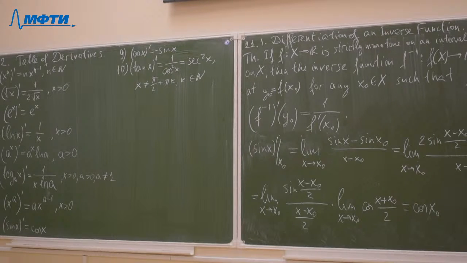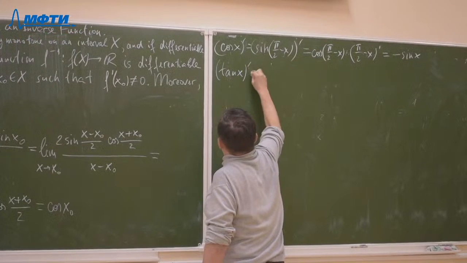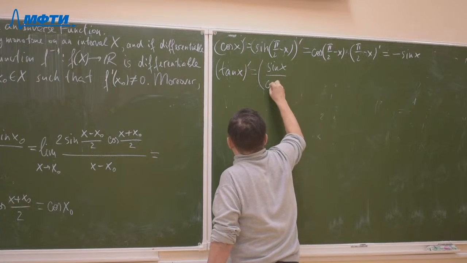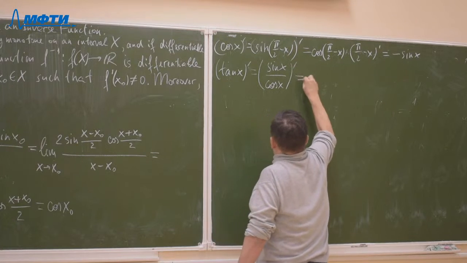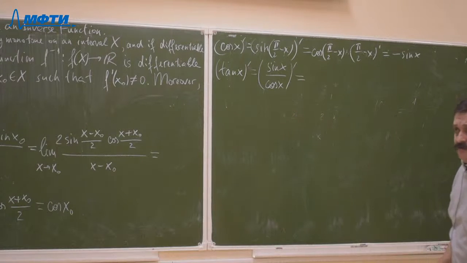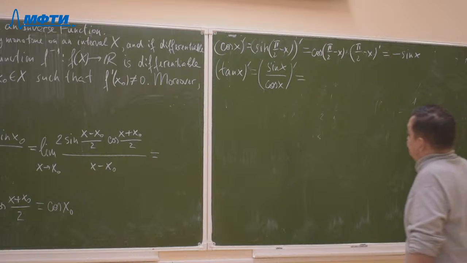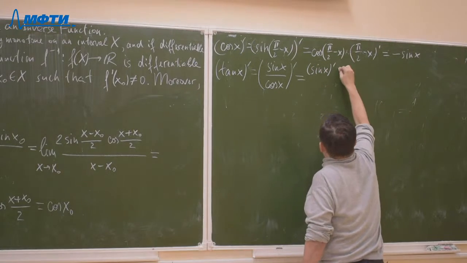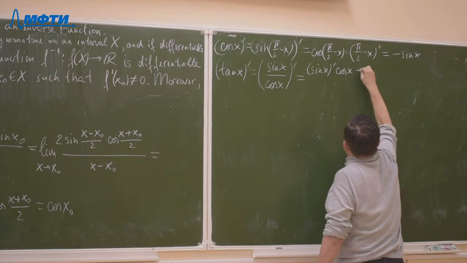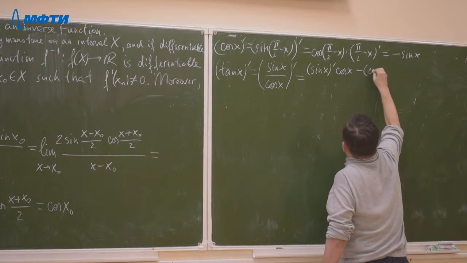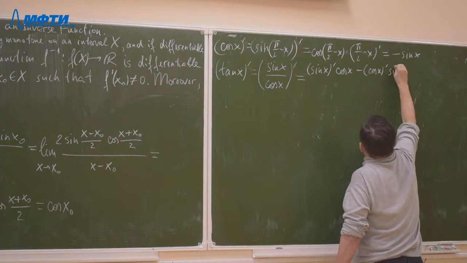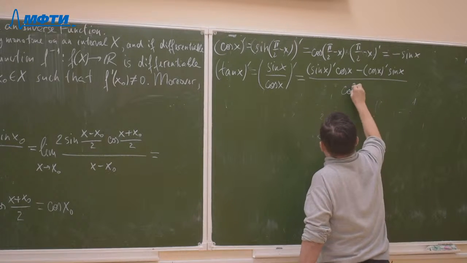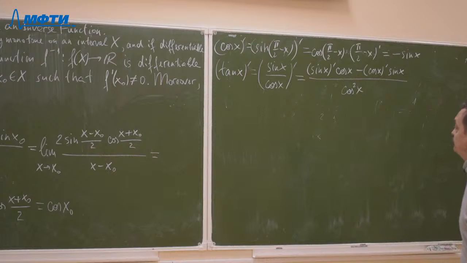For that reason, we just use the rule for the derivative of a ratio, right? So we have the derivative of the numerator times the denominator minus the derivative of the denominator times the numerator, over the square of the denominator.